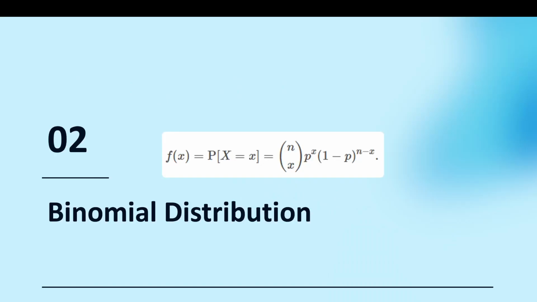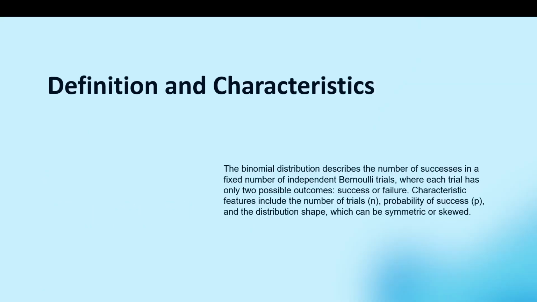Next, we're going to talk about what binomial distributions are. The binomial distribution models a fixed number of trials, n, each with success probability, which we call p. The key features include outcomes, which means success and failure only.